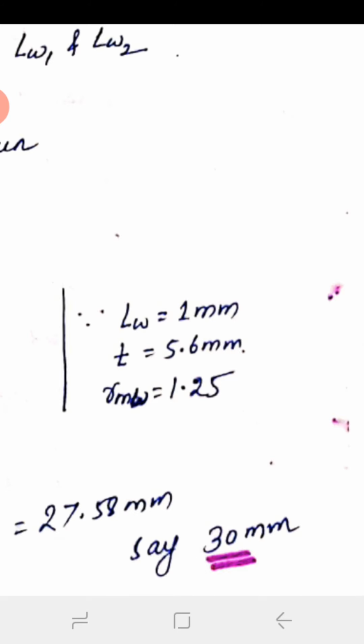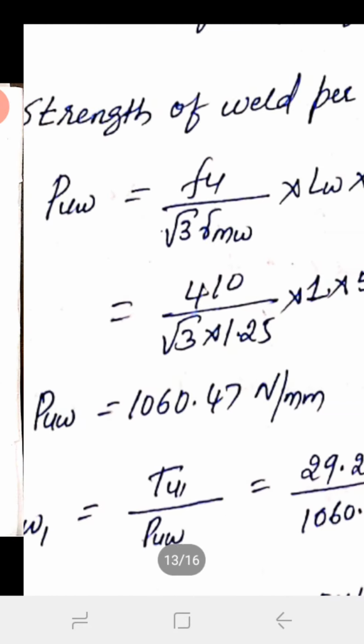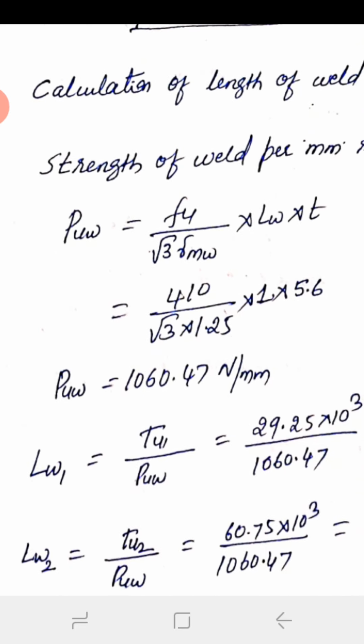Thickness we have calculated already, 5.6, and gamma MW, assuming shop welding, 1.25. Then substitute here, you will be getting the unit strength of weld, that is strength of weld for 1 millimeter run, 1060.47 Newton per millimeter.